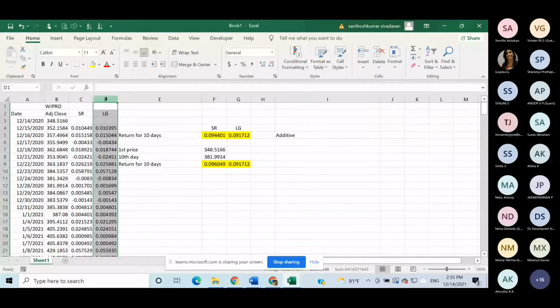So these two reasons: one, the additive property associated with log return, and two, the distribution of log returns meets the normality assumptions. These can be considered the properties that make log return superior to simple return. Hope you understood.